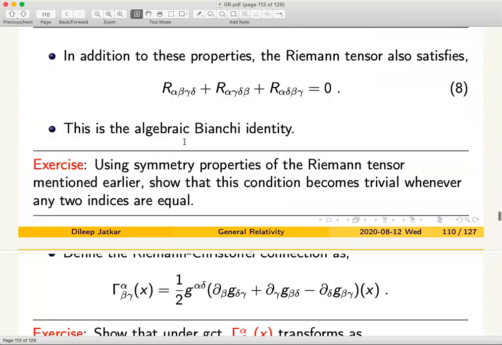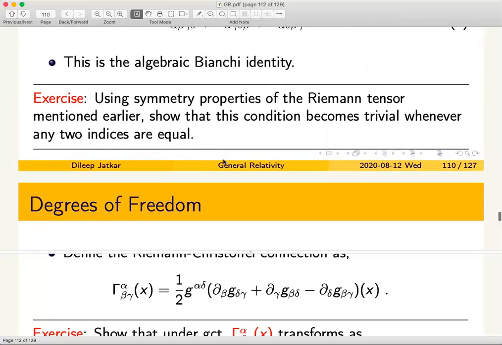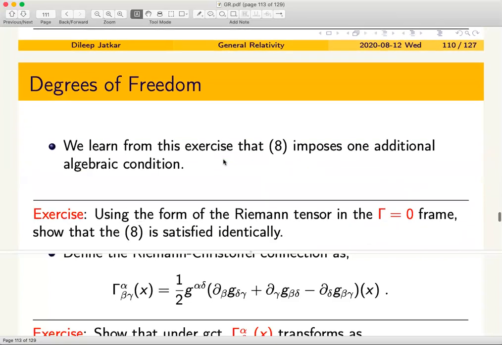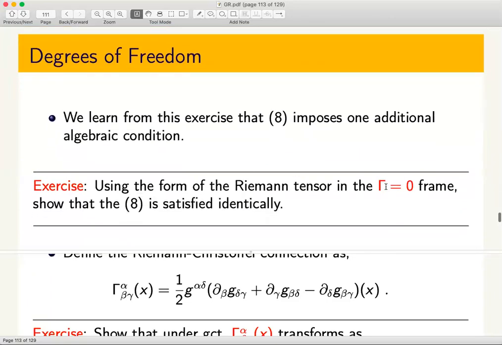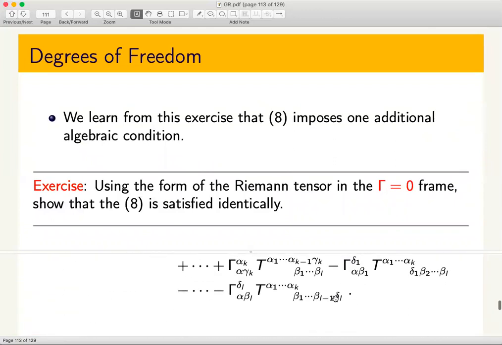Okay, so let me take you back to this equation. This is an equation which is true, of course, in any coordinate system, but one simple check for a tensor quantity can be done in a frame in which the tensor quantity takes the simplest possible form, and that is the frame in which gamma is equal to 0. In the gamma equals 0 frame, we have already written down the Riemann tensor. So let me roll this down now.